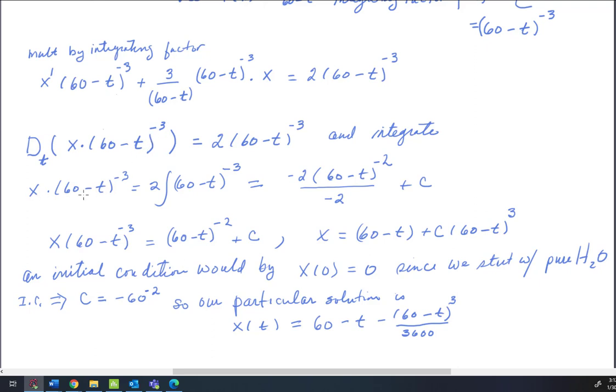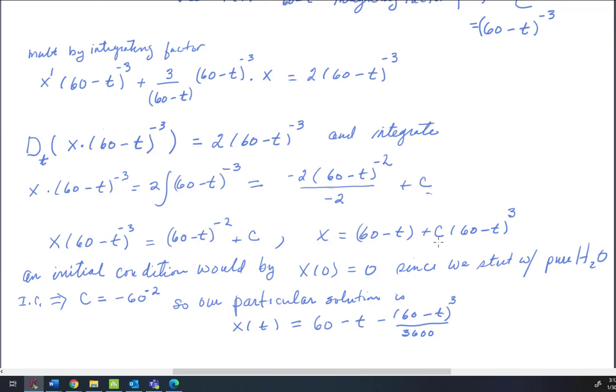So if I integrate, I get x times 60 minus t to the negative 3 on the left-hand side, and then I'd have to integrate this thing on the right, and so I would get 2 times 60 minus t to the negative 3, and it's an integration by substitution, and I pick up an arbitrary constant, and then more calculus manipulation here. The left-hand side equals this new right-hand side. Simplified this by getting rid of those negative 2's. And wow, here is a general solution to my problem.